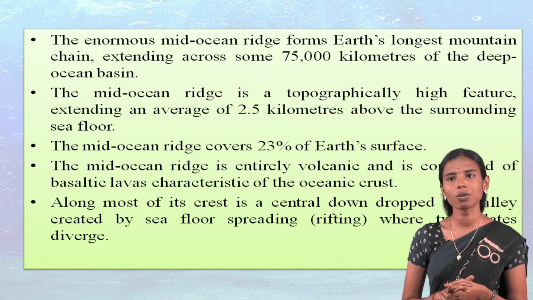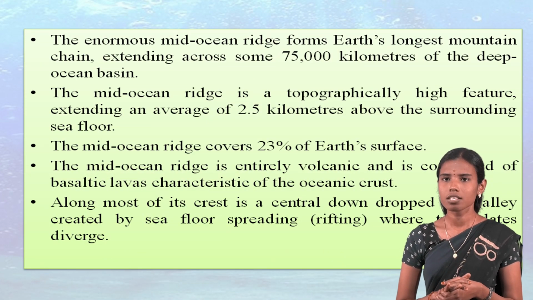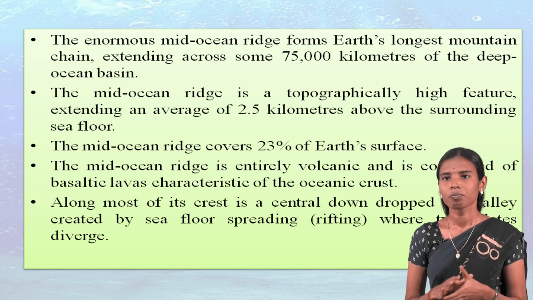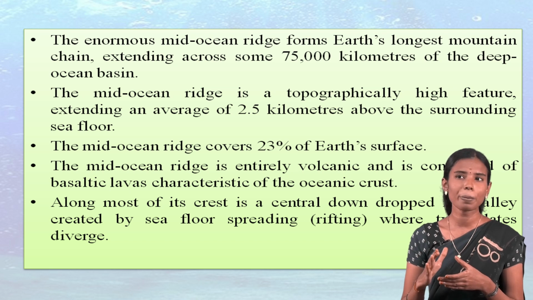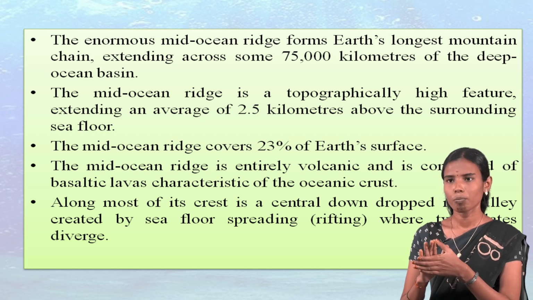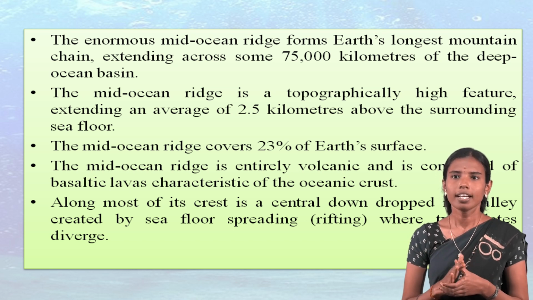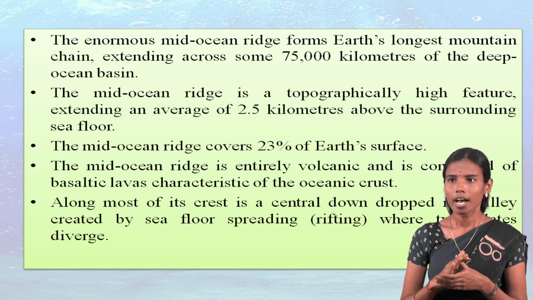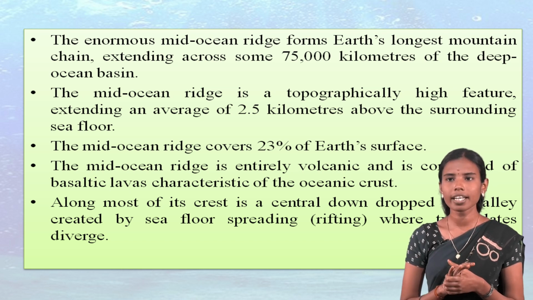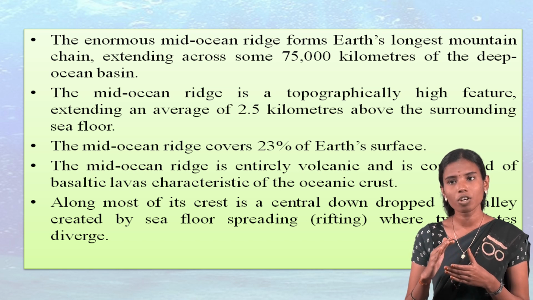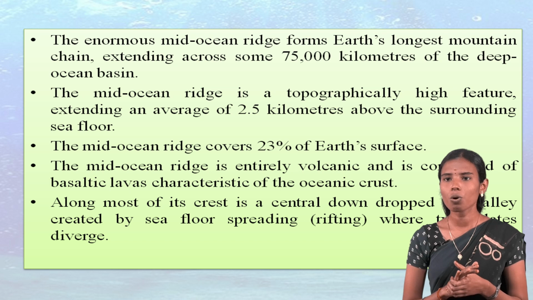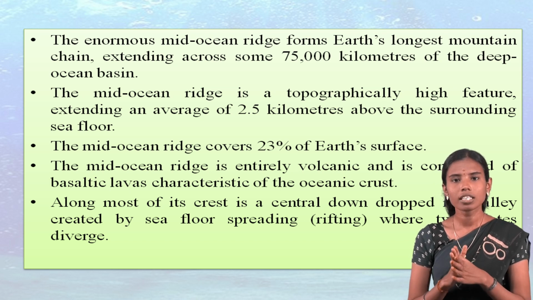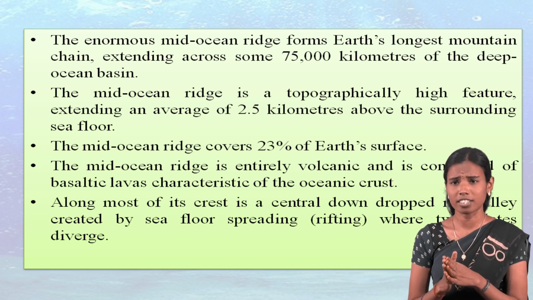The enormous mid-oceanic ridges form the longest mountain chain, extending across some 75,000 kilometers of the deep ocean basin. Topographically, the mid-oceanic ridge is a high feature extending an average of 2.5 kilometers above the surrounding seafloor, and the mid-oceanic ridges cover 23% of Earth's surface.